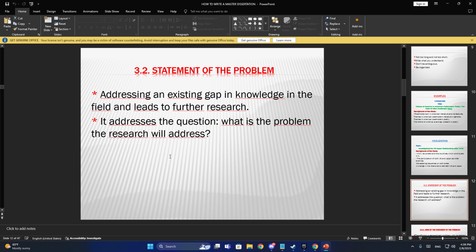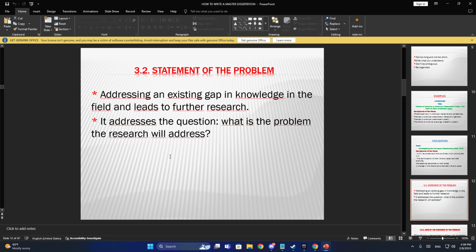Here the statement of the problem starts to rise up. It is important. The statement of the problem is the gap that you have noticed in your literature review or in the previous materials you have read in preparing the background of the study.